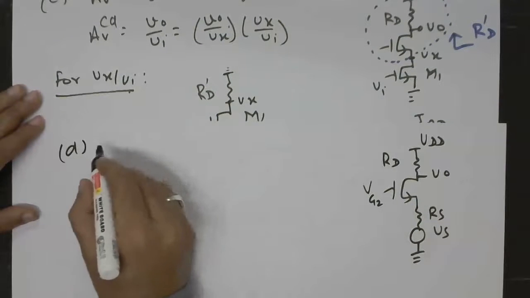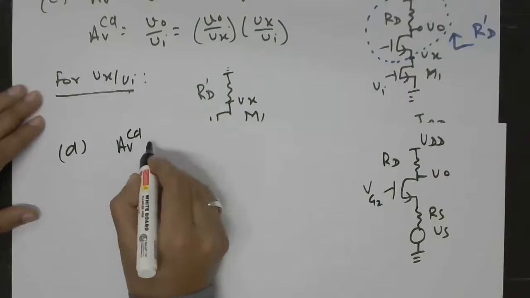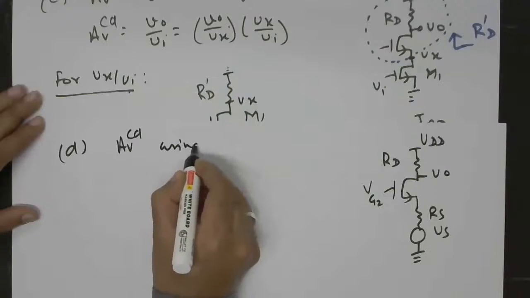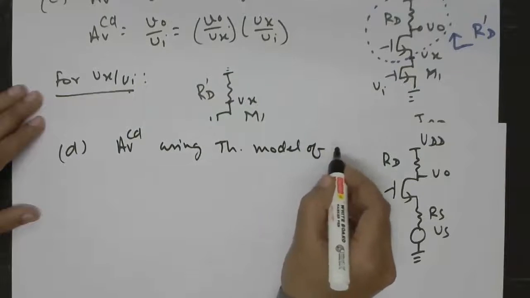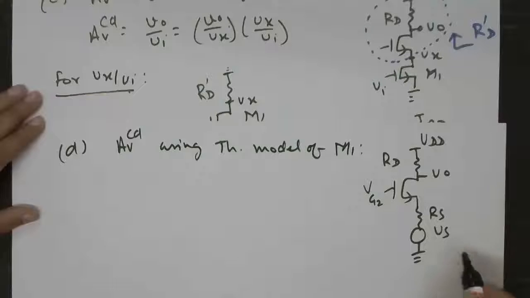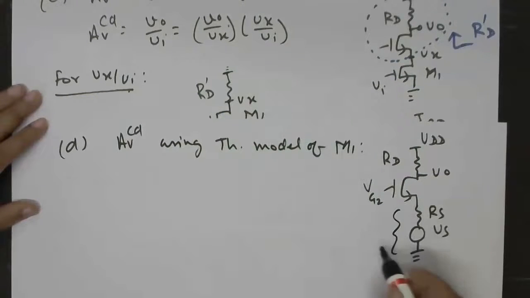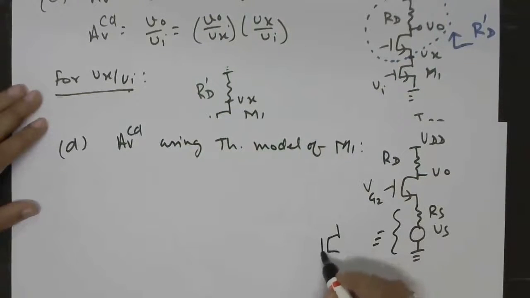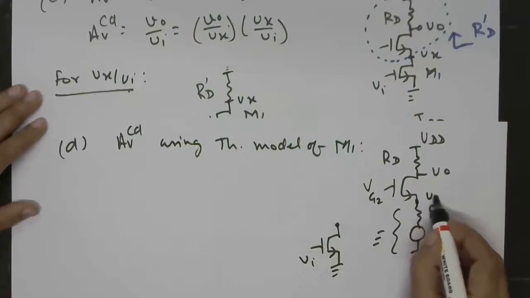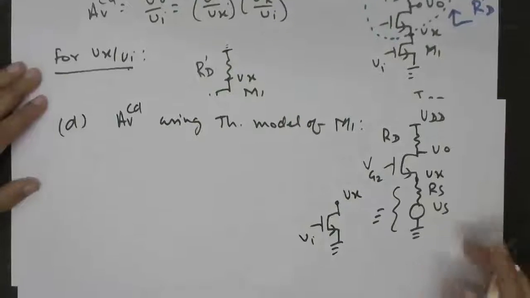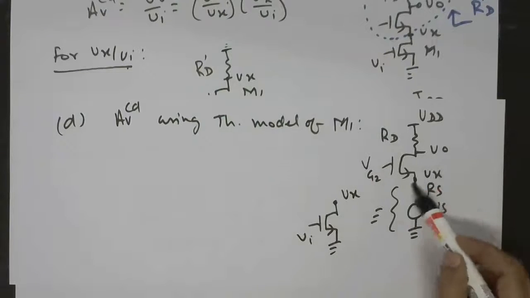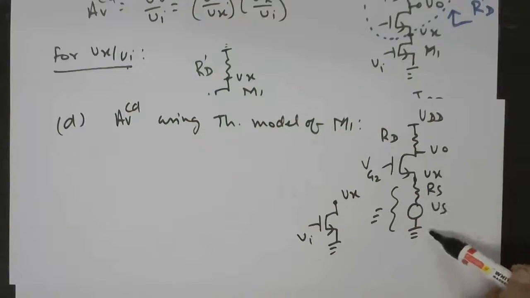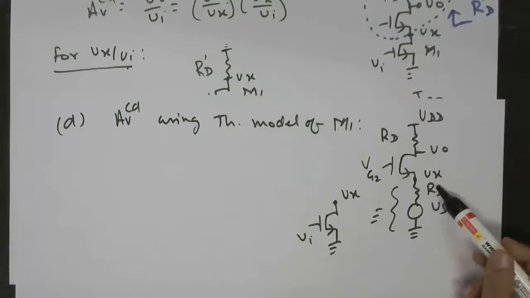So this is using the Thevenin model of M1, the first stage. This is for this circuit. Now you can see that this Thevenin model has reduced the cascode to fundamentally a common gate configuration, which is now being fed by a non-ideal source.